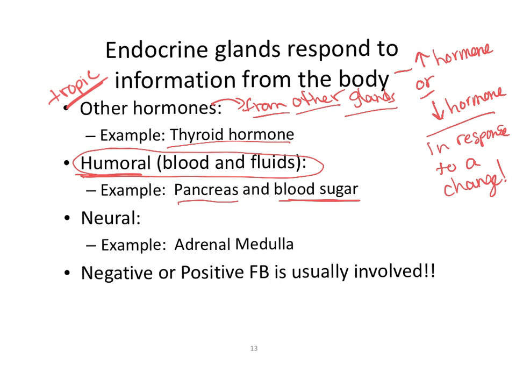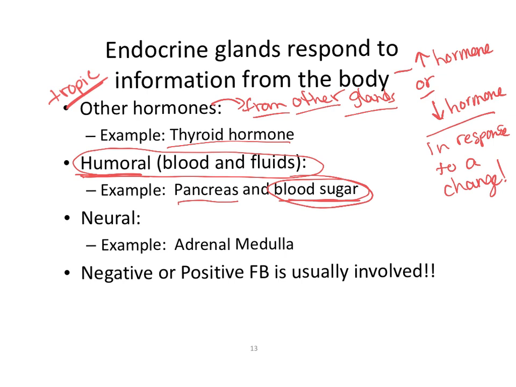When your blood sugar increases, your pancreas releases more insulin. When your blood sugar drops, it's going to release a different hormone called glucagon. So your pancreas is going to respond to changes of something in the blood. That's different than a gland that's going to respond to other hormones.